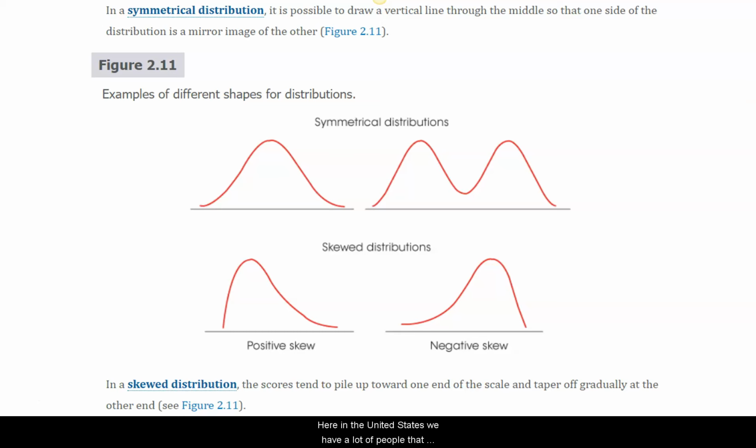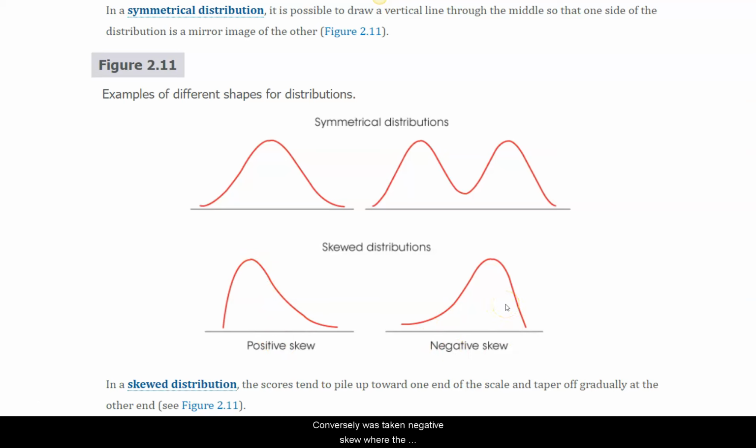Here in the United States, we have a lot of people that make modest incomes, and professors would be in that group. So yes, we have positive skews with scores stacking up on the left, income stacking up on the left that are modest. But don't we also have gigantic income earners? Sure. Zuckerberg, Bezos, professional athletes that we can think of, Oprah Winfrey, etc. All of those people have 9-figure incomes, and they're a part of these smaller stacks. Do I have people that make 100 million? Yes. Maybe that's right here, but it's a very small stack of people. Do I have people that make very modest professor type incomes? Yes. And that's a large stack of people.